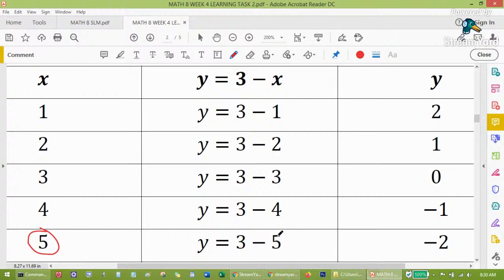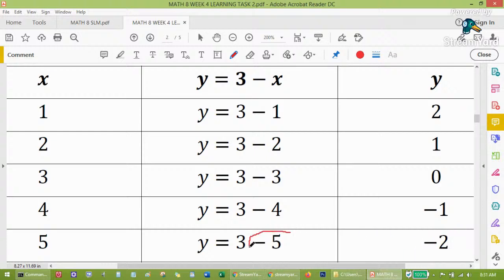Again, we have two numbers with different sign. This is positive 3. Yung number na walang sign is considered positive. By default, positive yan, no? So, this is positive and this is negative. So, magkaiba sila. We are going to perform a subtraction. 5 minus 3 is 2. And bakit negative?